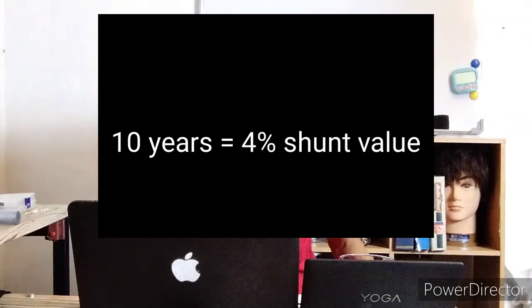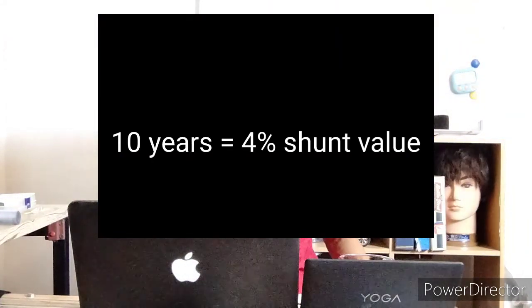The shunt value or percentage of shunt varies with the age of the patient. In normal room air, as we age every 10 years, there is an acceptable value of 4 millimeters of mercury for the normal A-a oxygen tension gradient.